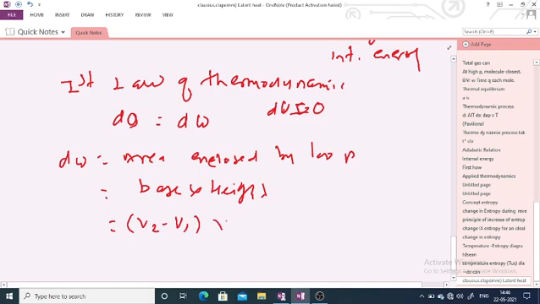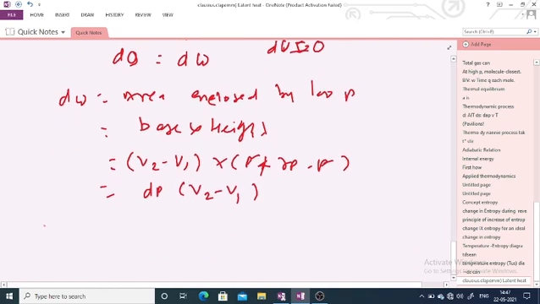Height is the change in pressure, P plus dP minus P. So P will be cancelled, and the remaining term is dP. So dW is dP times (V2 minus V1). Now this is nothing but dQ, because dQ is equal to dW.